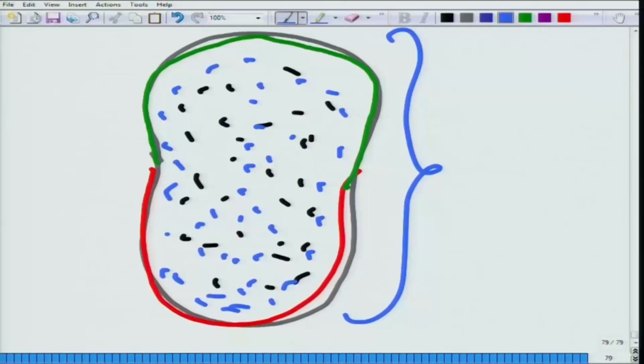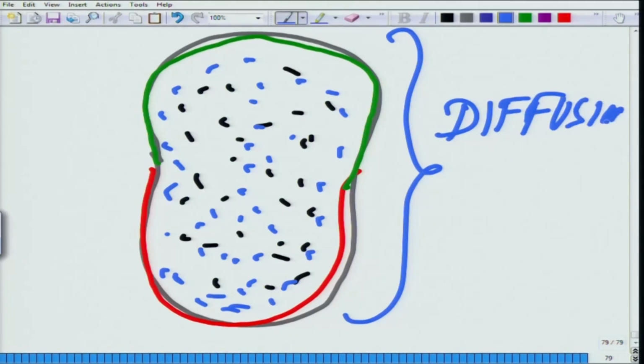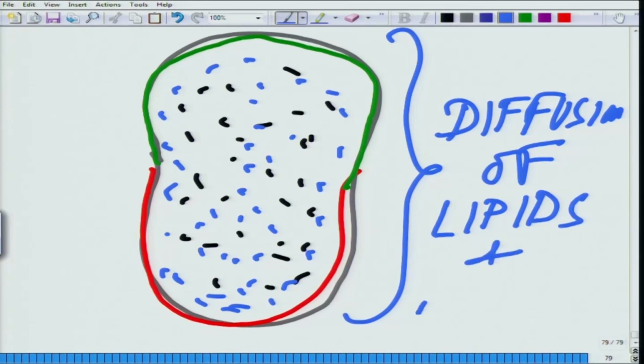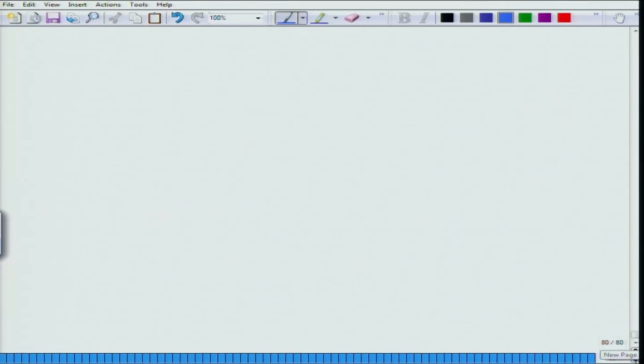There is another way to prove it, which is much more quantitative. So, this diffusion takes place. There is a diffusion of lipids and proteins. There is another way to do so. That technique is much more quantitative.